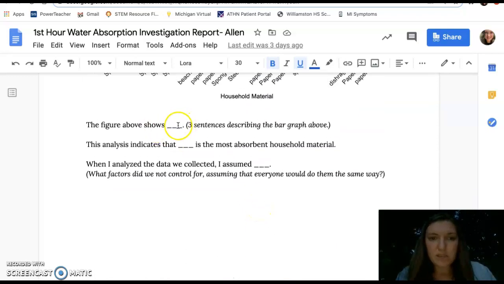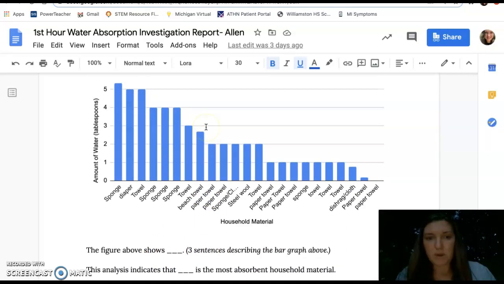Then you're going to take 3 sentences to describe the bar graph above. Looking at this, something I might say is, the bar graph shows that the sponge held the most water, with slightly over 5 tablespoons. The least absorbent material was paper towel, which held nothing.